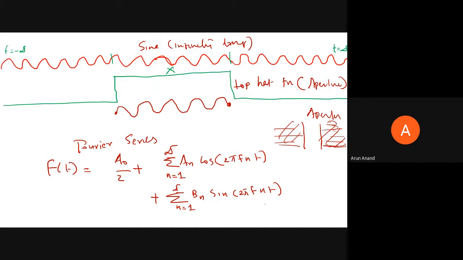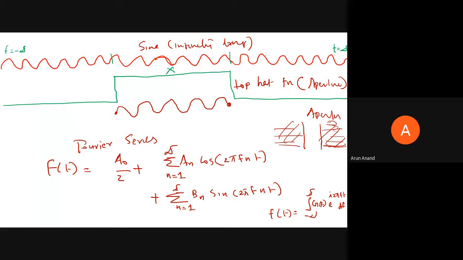When you go to Fourier transforms, your f of t is nothing but the integral from minus infinity to plus infinity of g of f, that is your amplitude, e raised to i 2 pi f t df. Same thing. The only thing is that now f is continuous.